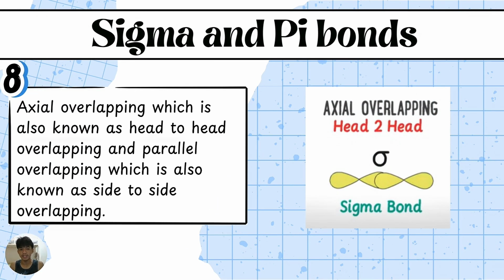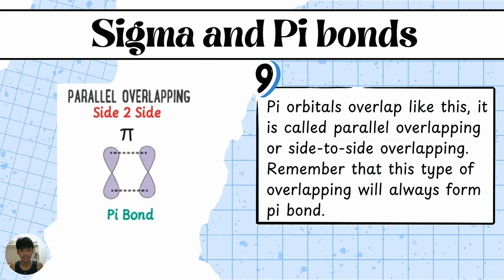If that is sigma bond, then this is pi bond. When it's overlapping side to side, just like that, it's just connecting. Pi orbitals overlap like this. It is called parallel overlapping or side-to-side overlapping. Remember that this type of overlapping will always form pi bond.